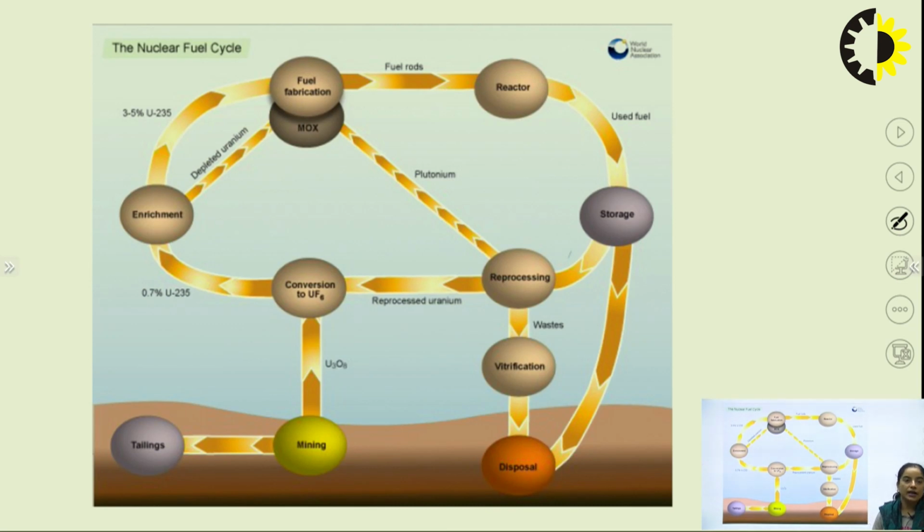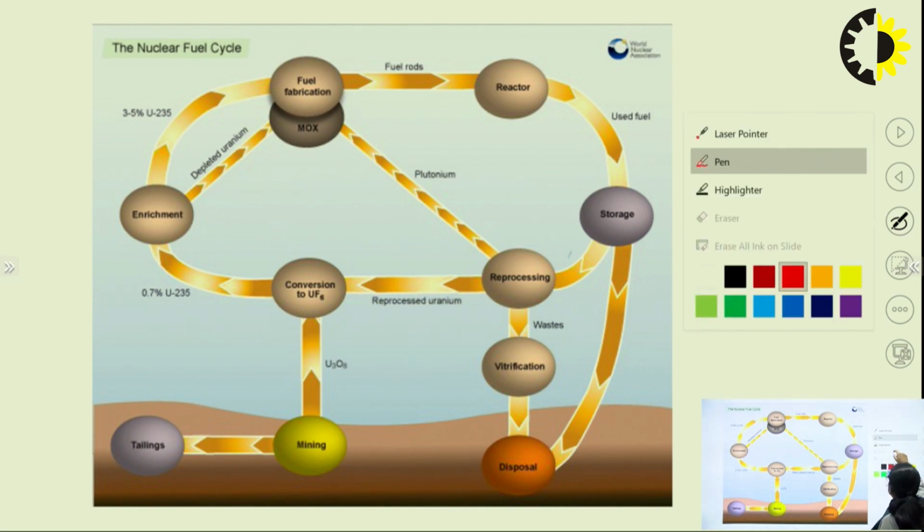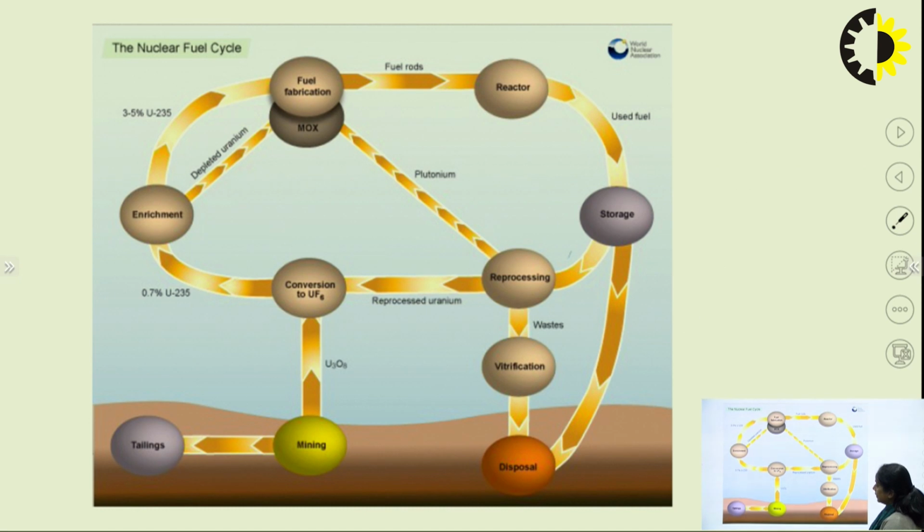This is the diagram of the nuclear fuel cycle. Here we can see first the mining stage. After mining, U3O8 goes for conversion to UF6.